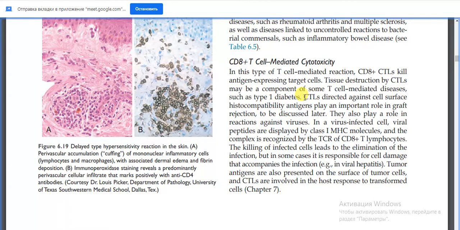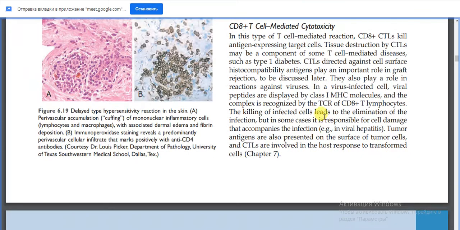I want to remind you, as we will discuss it later in the diabetes disease, that in some types of type 1 diabetes our own immunity T cells start to kill Langerhans cells of the pancreas. And it causes the first type of diabetes, the insulin insufficiency type of diabetes.